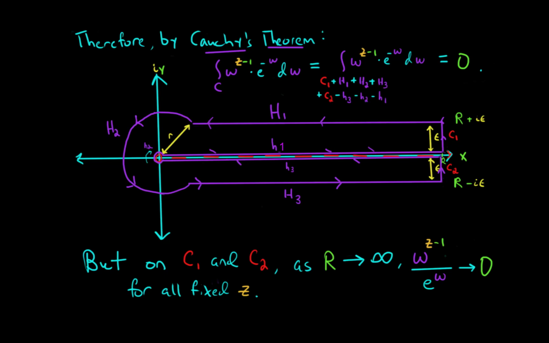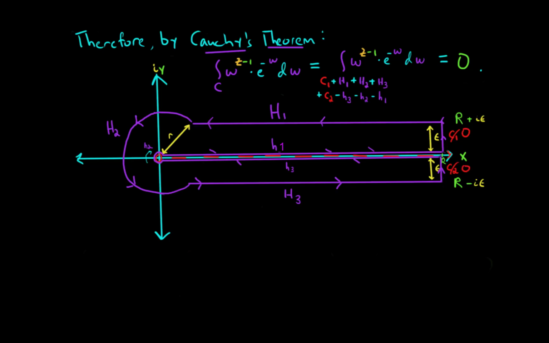And to see that, just make use of L'Hopital's rule. As we let r tend towards infinity, the modulus of w grows without bound. So we have an infinity over infinity expression here for w to the z minus 1 over e to the w. If we successively differentiate the numerator and the denominator of that expression, we eventually get a limit equal to 0. So again, as r tends to infinity, the contribution from those two vertical segments of the contour equals 0.